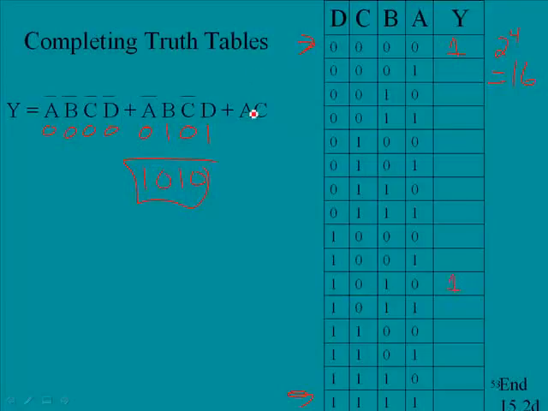And then with A and a C, let's see, that would be 0, 1, 0, 1, is that right? Let's see, 0, 1. Okay, that would be the high 0, 1 right here.